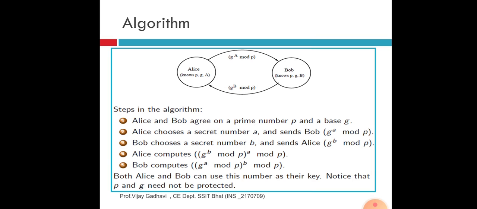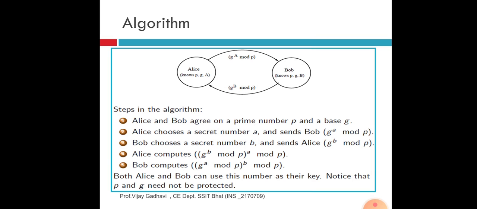Once again, a secret number b is chosen by Bob and B is sent to Alice. Alice computes and then Bob computes. Using the mod equation, both sender and receiver can use this number as their key.